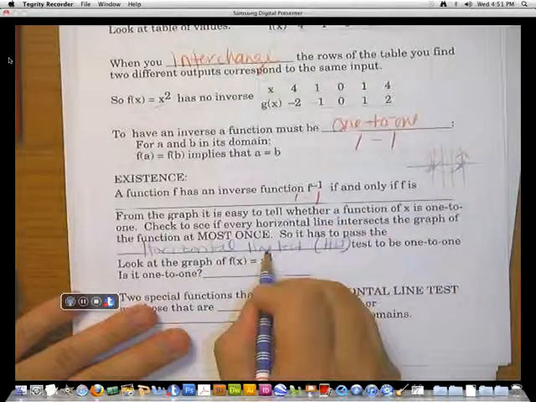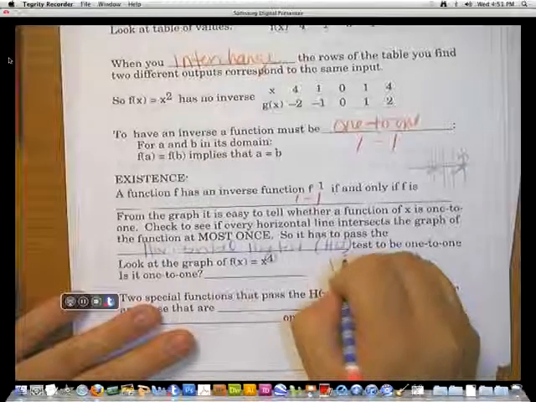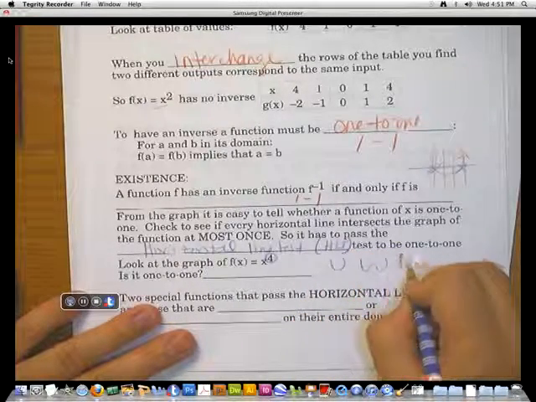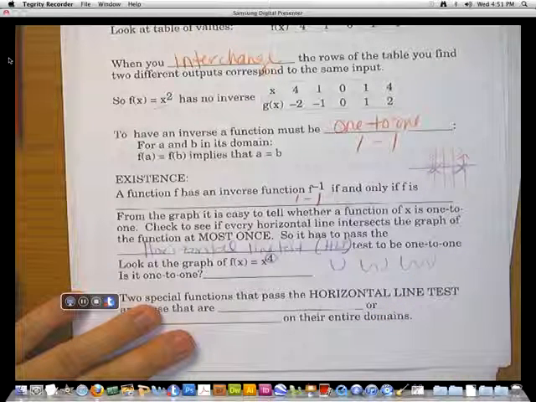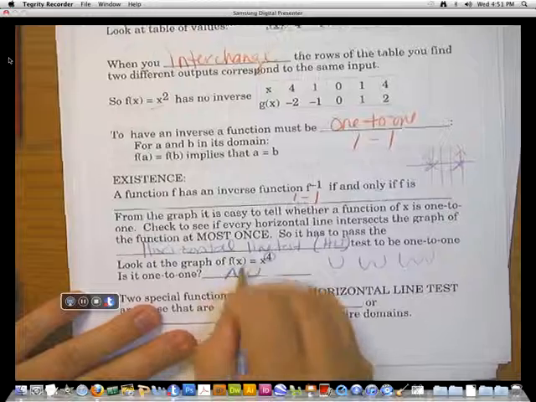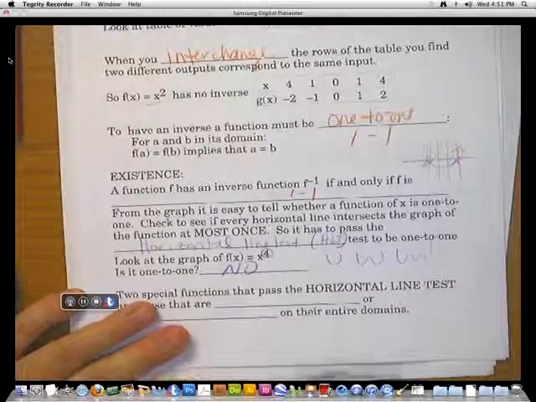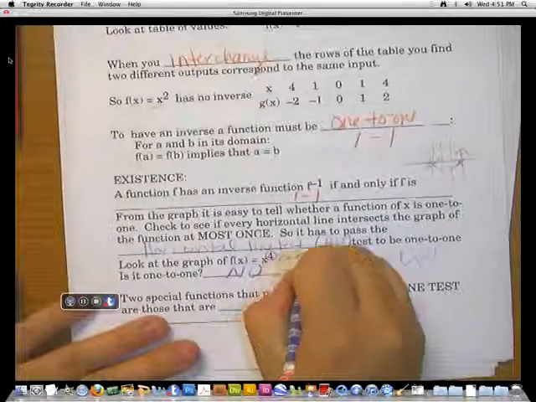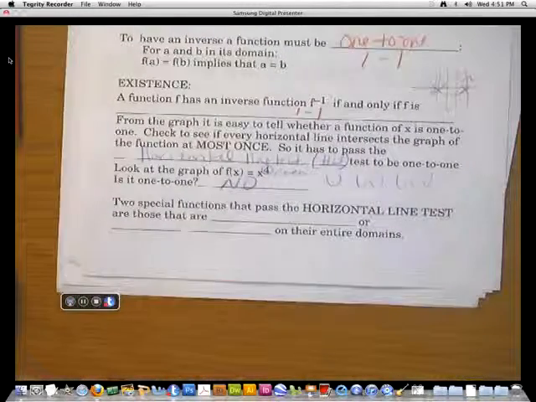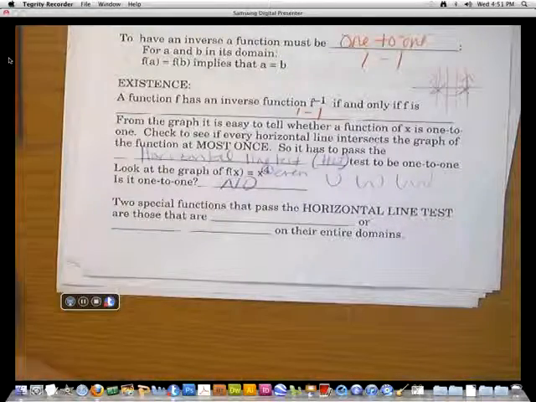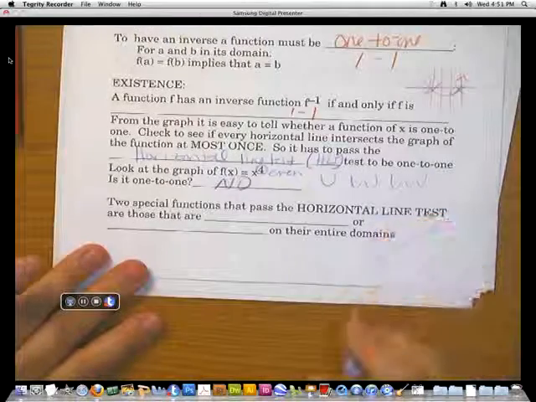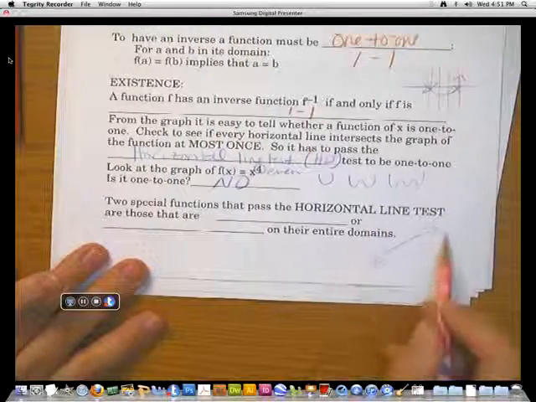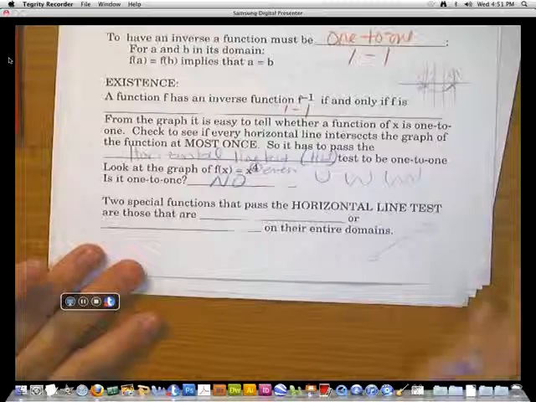So no matter what, anything to an even power, because there's a square, there's a 4, there's a 6, they are never going to be 1 to 1. They will never have inverses. Two special kinds of functions that pass the horizontal line test are those that are increasing or decreasing over their entire domains, such as a line. That will always pass a horizontal line test, therefore it will always have an inverse.